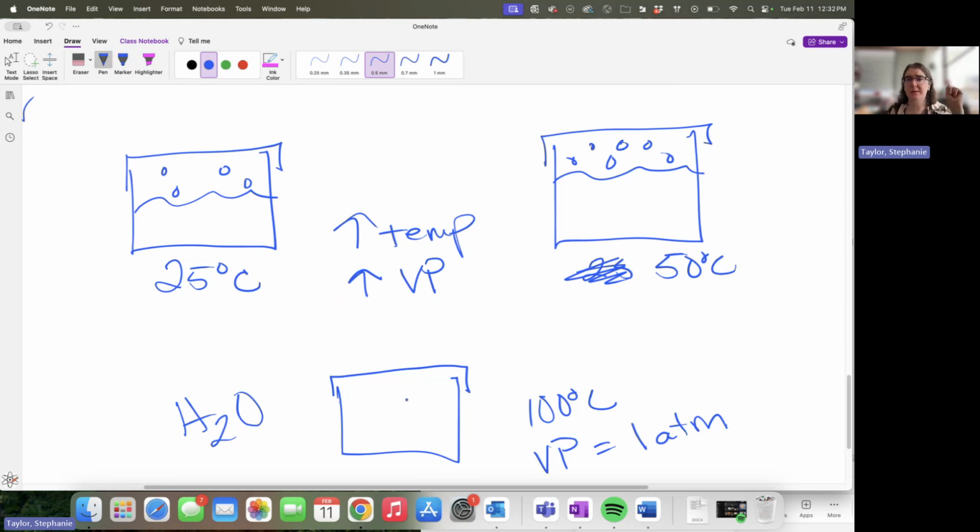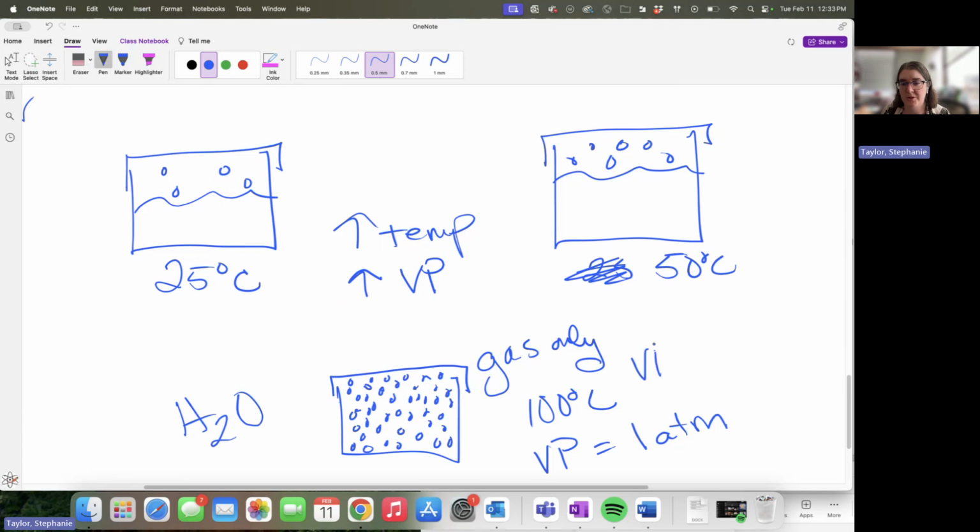At that point, the atmospheric pressure is not going to be able to help contain or push together the molecules anymore. And the only thing I'm going to have are vapor particles. So as temperature increases, vapor pressure increases until you finally hit the atmospheric pressure. And at that point, everything boils and you have gas only, because the vapor pressure is equal to the atmospheric pressure.